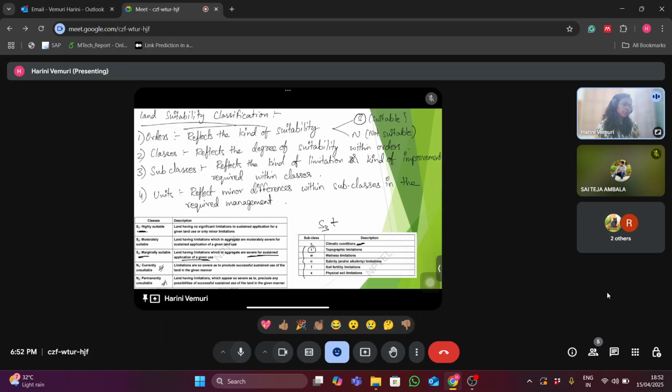The minor differences in subclasses are noted in this, and generally these units are used at the farm planning level. These differ from each other in production characteristics or in minor aspects of their management requirements.